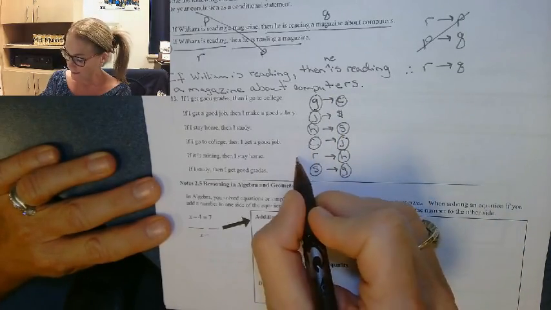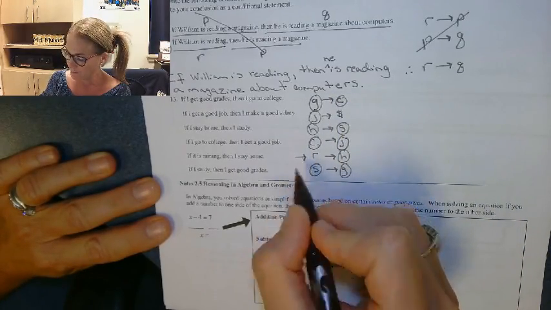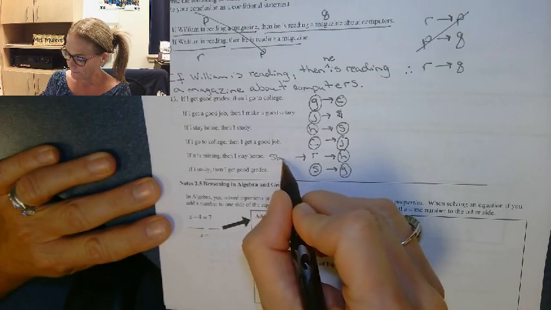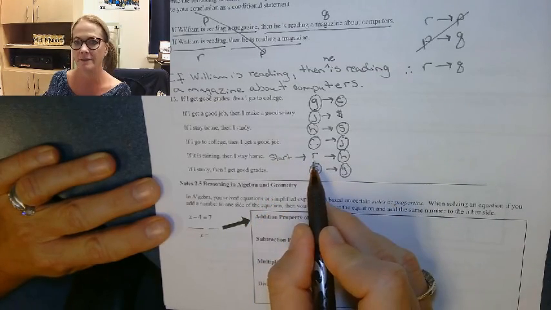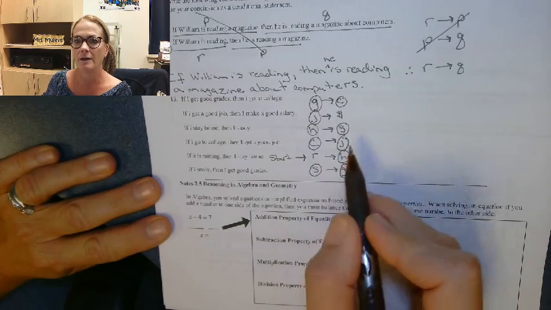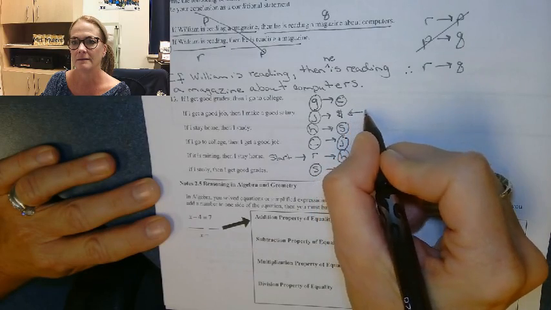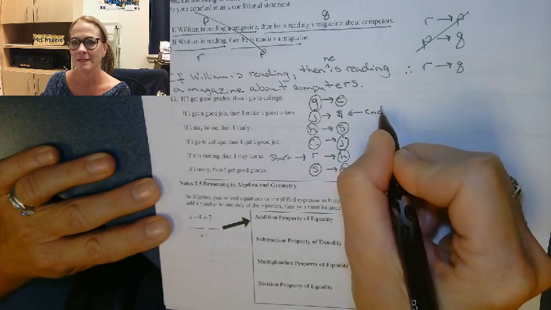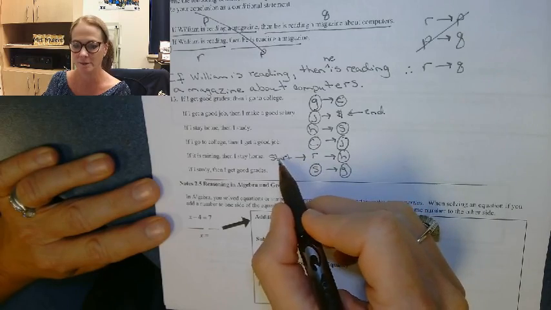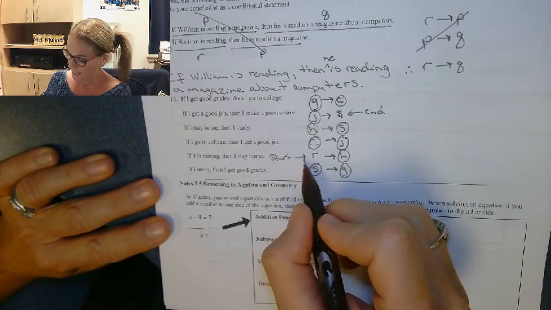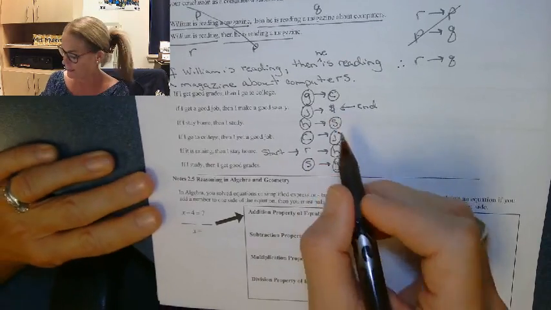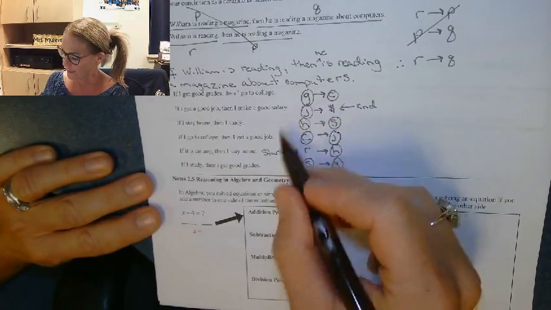So the ones that aren't duplicated, this is going to allow me to know how to start. So I've got to start with this hypothesis and go here. So this is going to be my start, and this is going to be my end. So basically, you're going to be able to conclude here, if it is raining, then I make a good salary, which is kind of funny, kind of silly, but this is just more like a little puzzle.